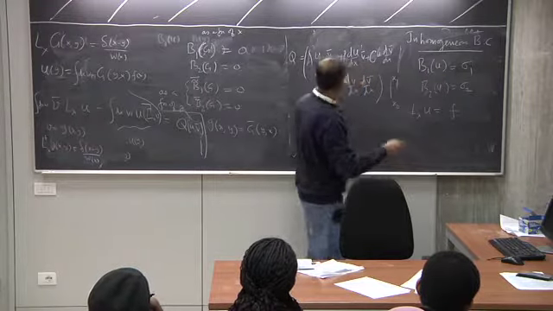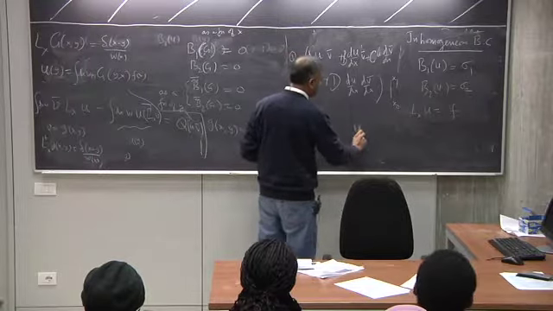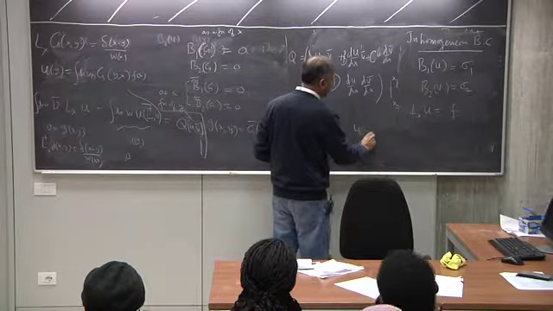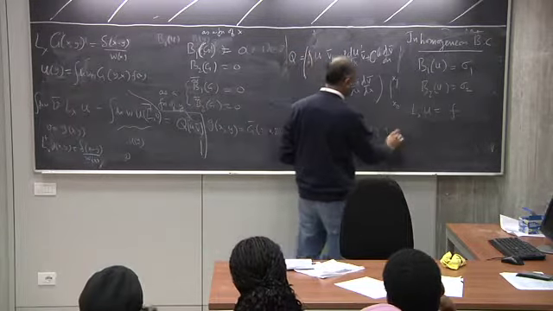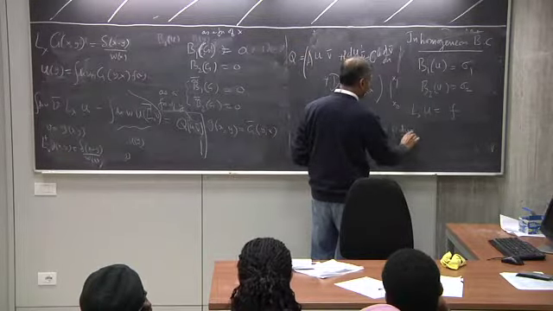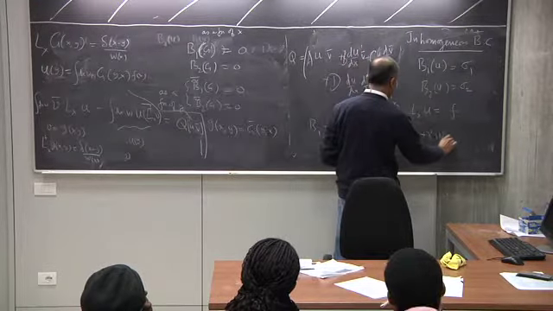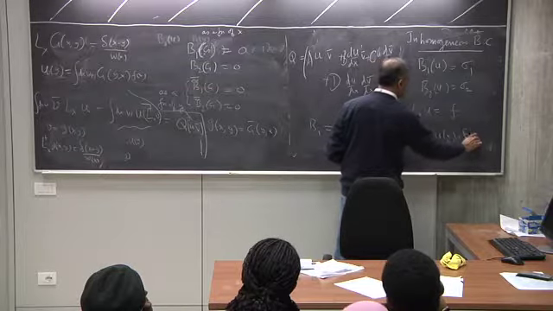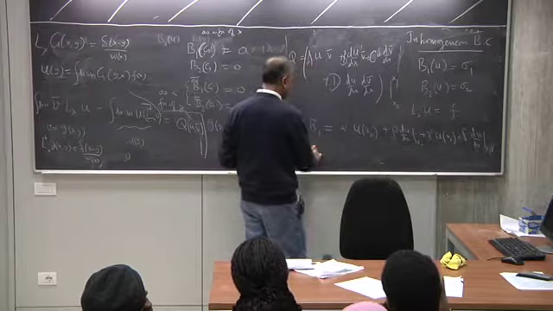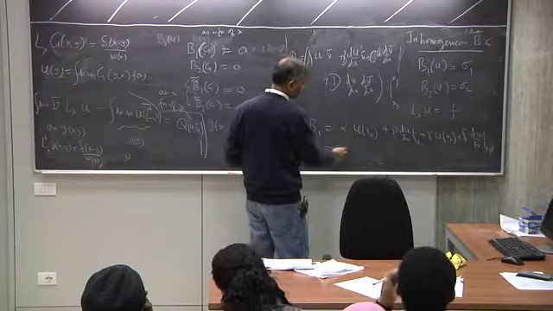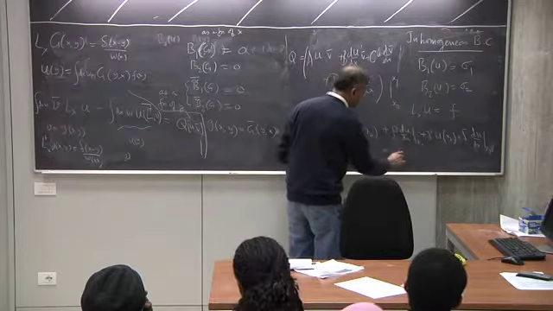These boundary conditions B1 and B2 involve the value of U at x0 with some coefficients, alpha, plus beta du by dx at x0, plus gamma U at x1, plus delta du by dx at x1. This is one condition B1, and B2 is again the same thing with alpha primes, some different numbers.